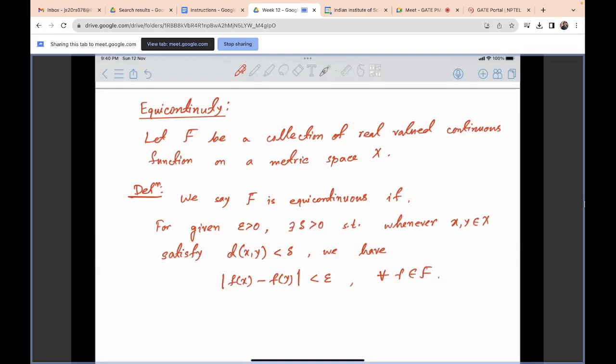So note what the difference is. There are three types of continuity. First you learn pointwise continuity.